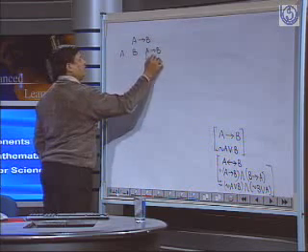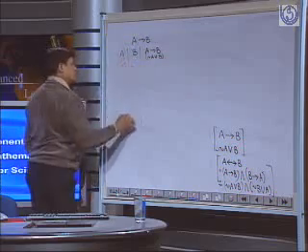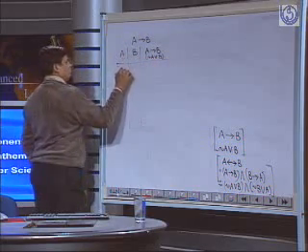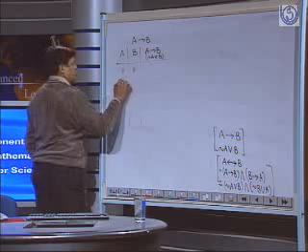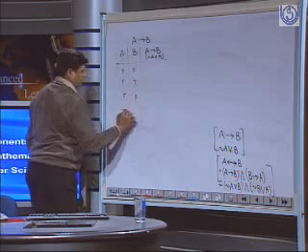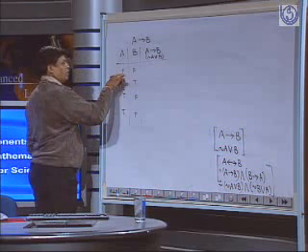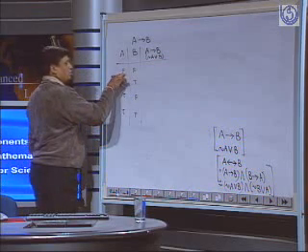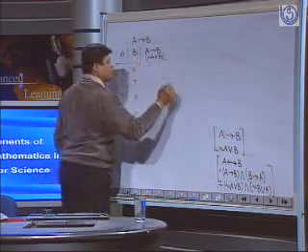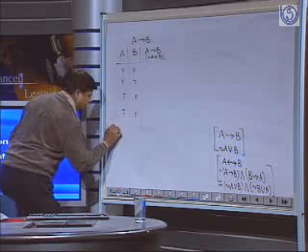Not A or B. Not A, that means true. Or, what do we mean by or? Firstly, you should understand the conjunction and disjunction in order to handle this.